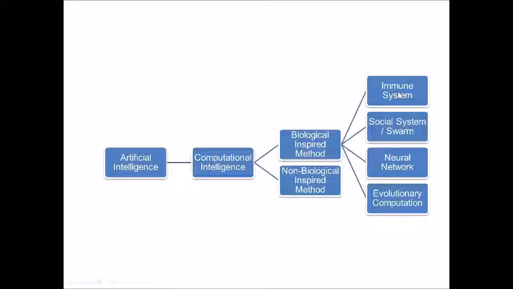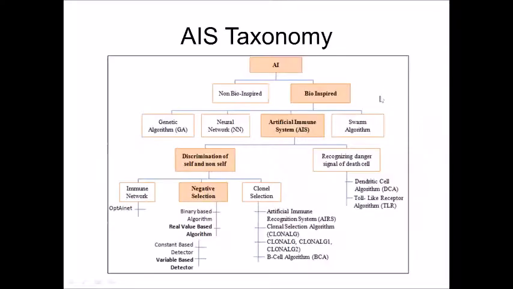Besides artificial immune system, we also have the social system, or the swarm-based algorithms like ant colony. We also have the neural network, which is inspired from the neuron system, and the evolutionary computation. So now we are focusing on the immune system. Under immune system, this is bio-inspired.